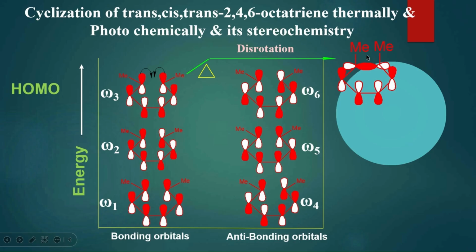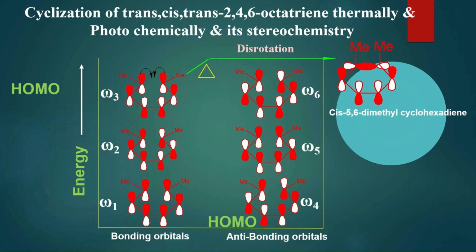That's why they have cis configuration. When I take trans-cis-trans 2,4,6-octatriene and cyclize it, it gives rise to cis-5,6-dimethylcyclohexadiene.